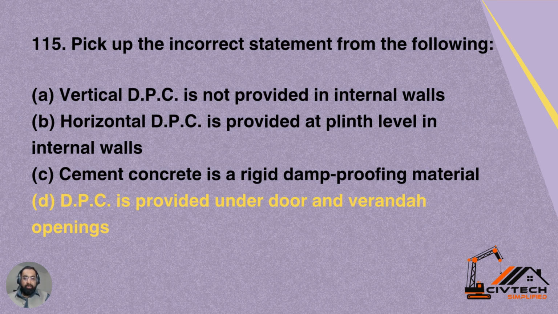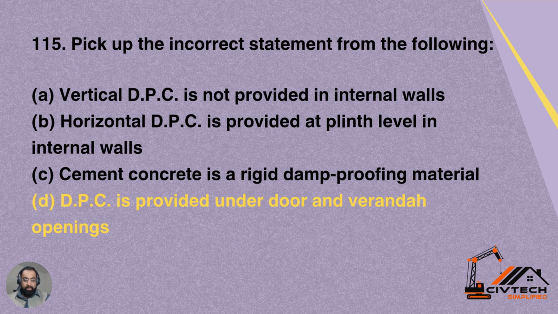Question number 115. Pick up the incorrect statement from the following. Option A, vertical DPC is not provided in internal walls. Option B, horizontal DPC is provided at plinth level in internal walls. Option C, cement concrete is a rigid damp proofing material. Option D, DPC is provided under door and veranda openings.